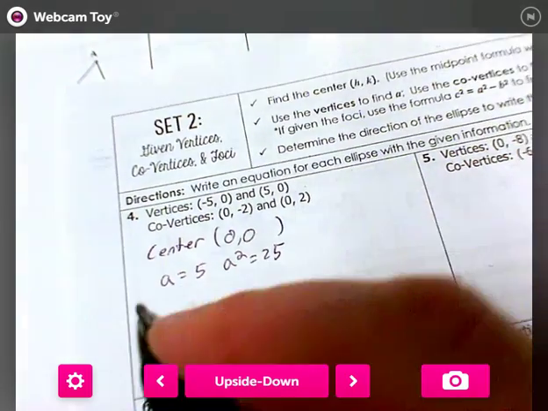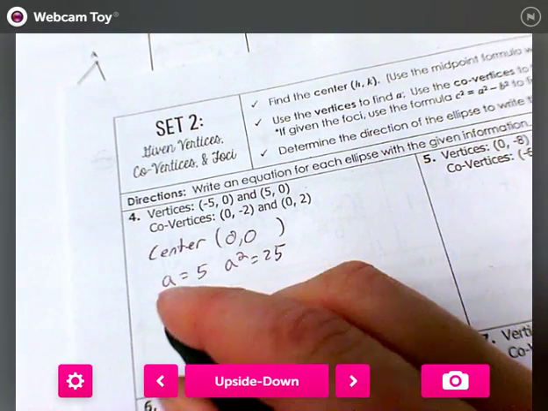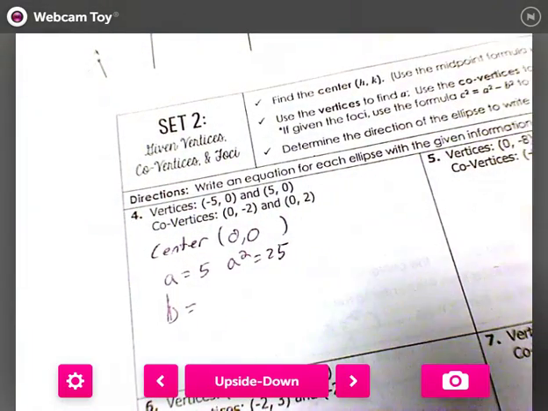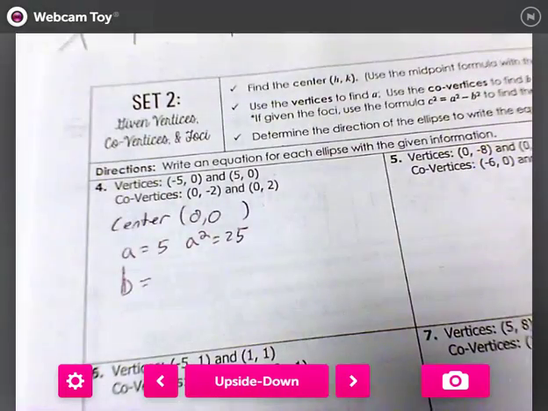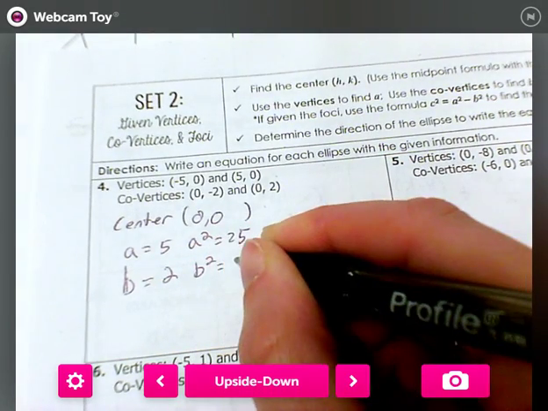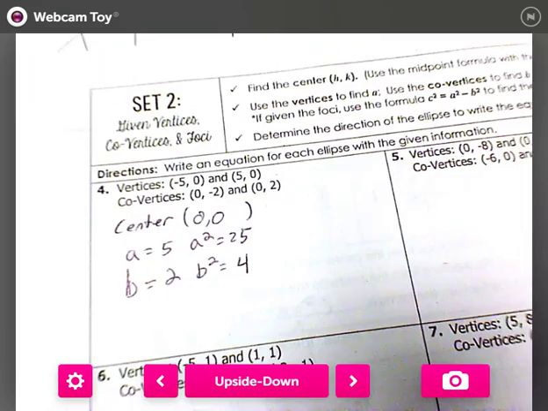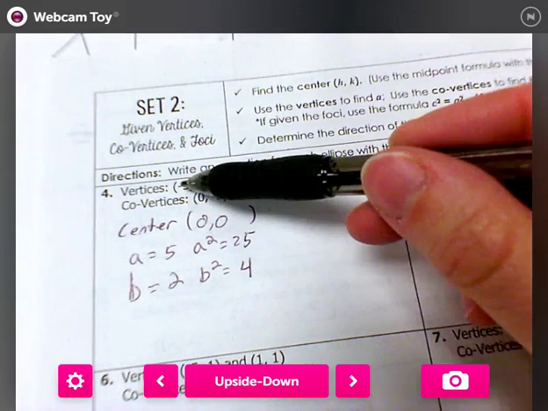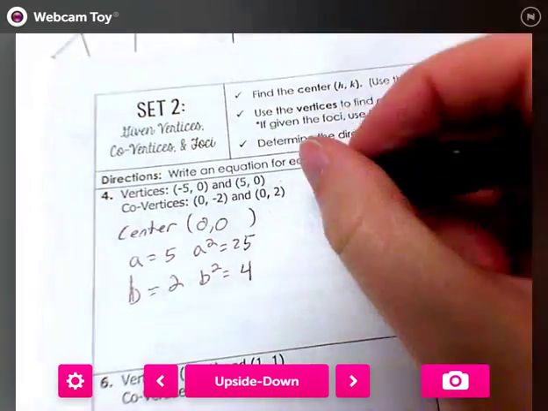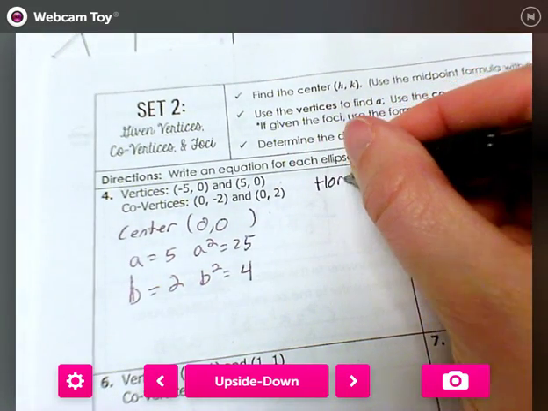So what's b, guys? If a was 5, b is 2, yeah. So b squared is 4. Okay. So the x values are bigger and they're along the vertices. So this must be a horizontal ellipse.